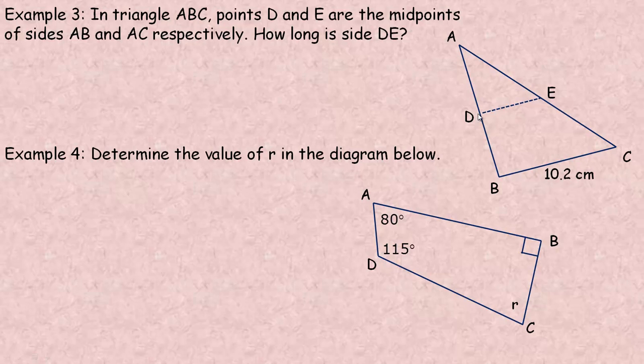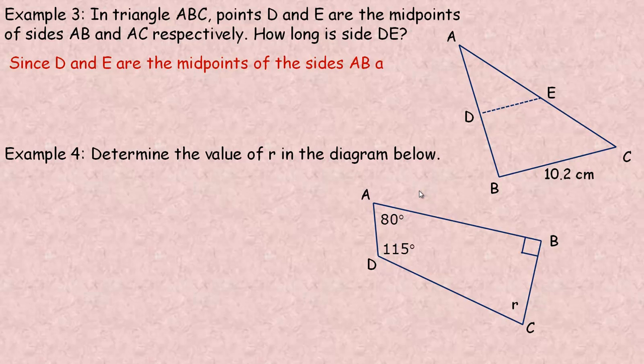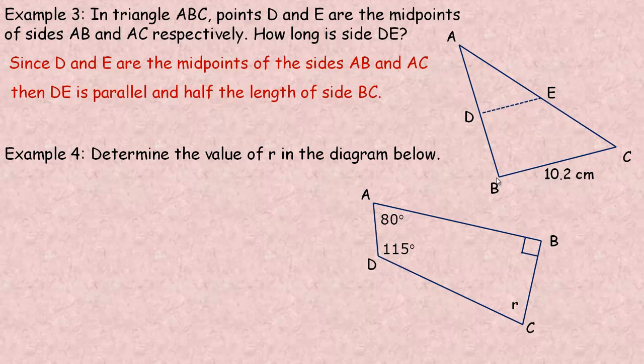Now, if you connect those midpoints, then since those are the midpoints of AB and AC, this DE makes a side parallel to the side across from it and half the length. So if this is 10.2, then DE would be 5.1 long. So it's parallel and half the length, or you could say that BC is parallel to this and BC is double the length of that one. You can say it both ways.